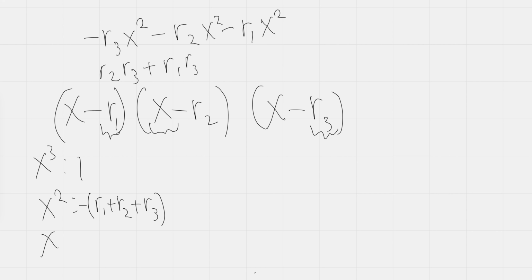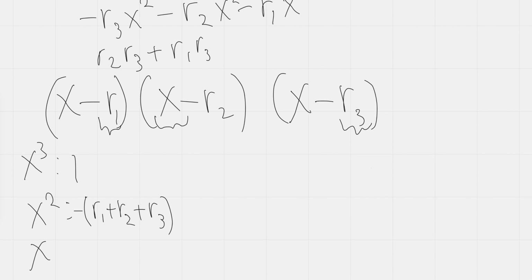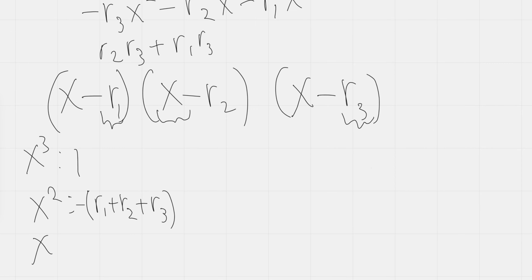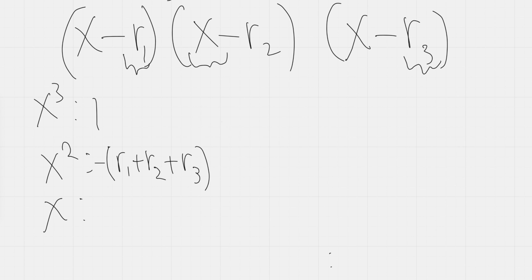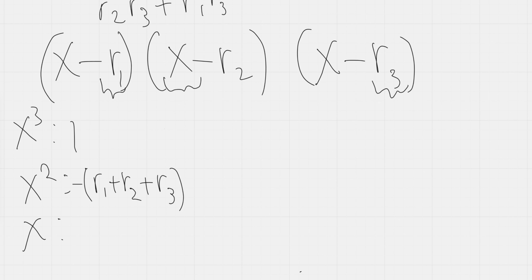And by picking one x, you're forced to pick another pair of roots. So the coefficient of the x term is going to be positive, because there are two negatives. You're going to have minus r1 times minus r3. But it's also going to be every possible pair of these roots put together.